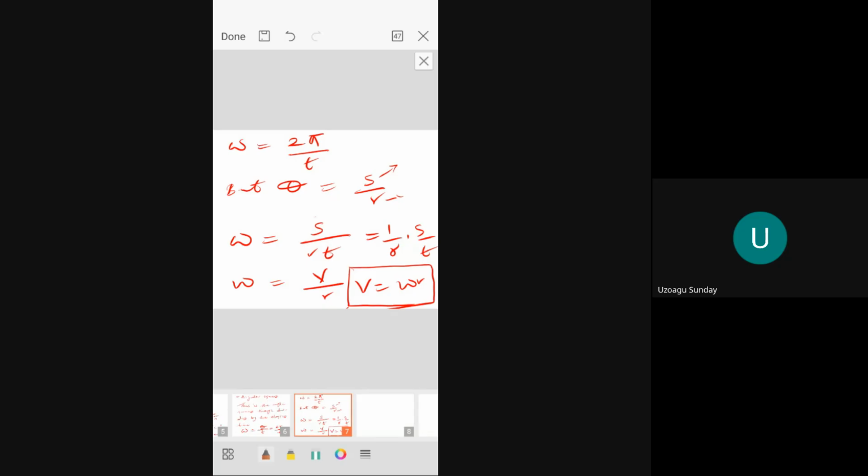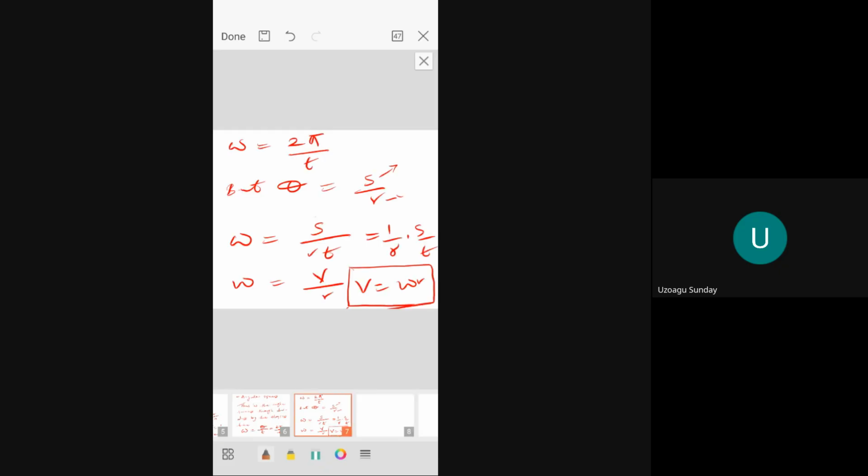So I will show you the real expression to use whenever you're being asked to find the angular speed or the linear speed of a body undergoing simple harmonic motion. And I'll also show you when the equation is going to be reduced to V equals omega R, as we proceed. All right, so the next thing we'll look at is the linear speed.